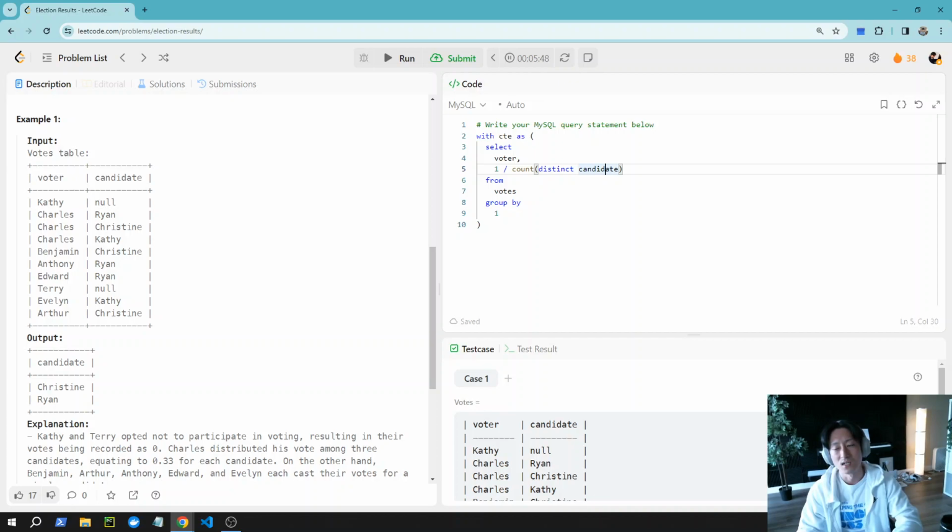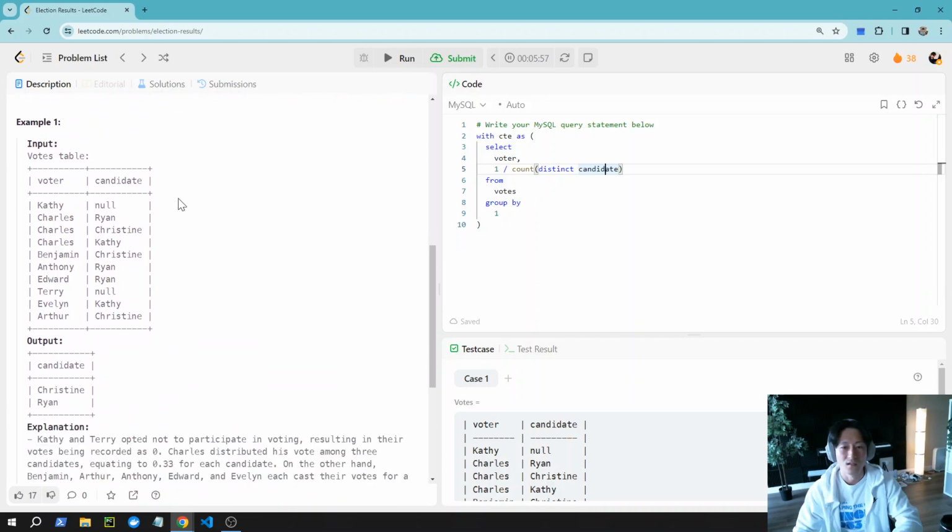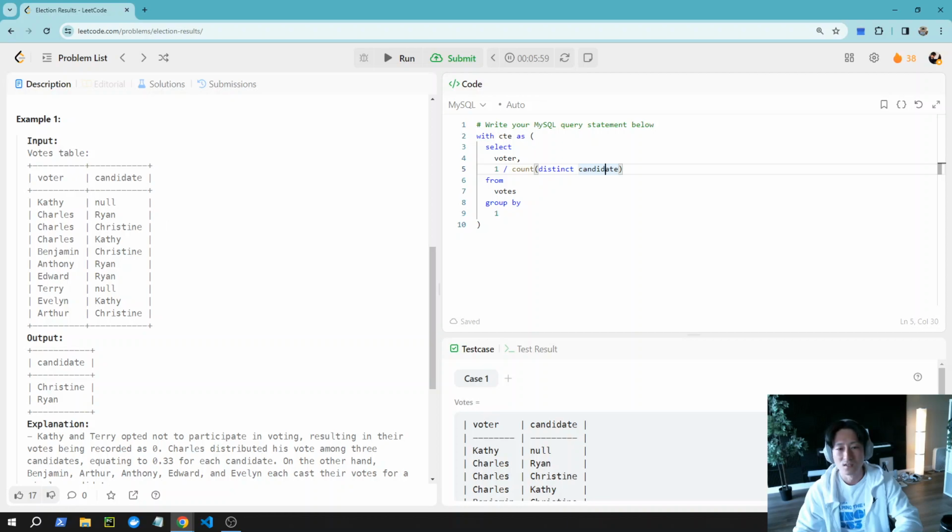And then what I realize is, if the count is 0, what's going to happen? Right. Yeah, I didn't take care of the null case. That's going to be trouble. I don't think I can solve it in 10 minutes.